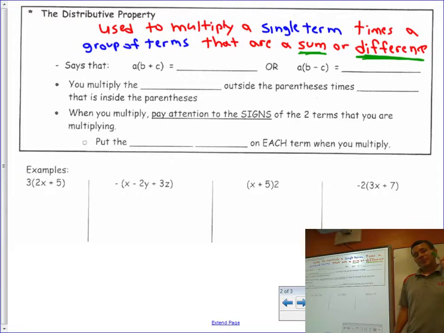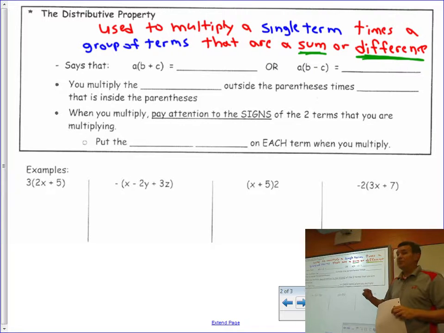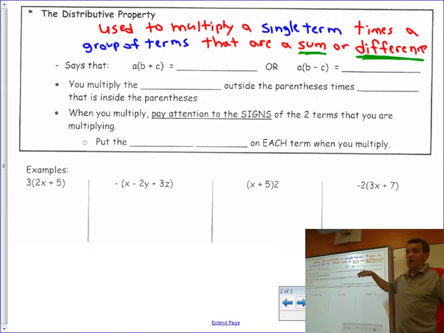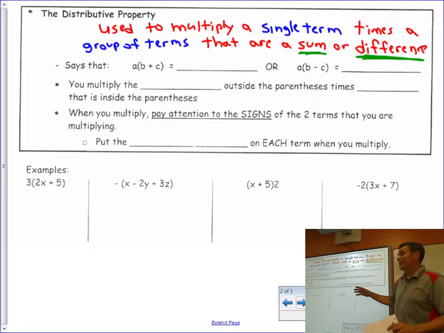Well, that means that you would use the distributive property when you're multiplying a single term times a group of terms that have been added together, that would be a sum, or a group of terms that have been subtracted from each other, that would be a difference.